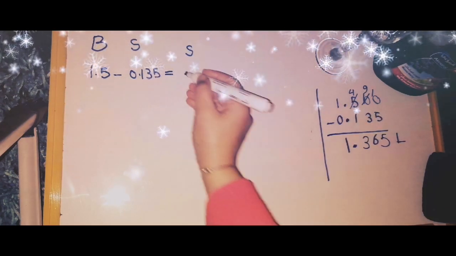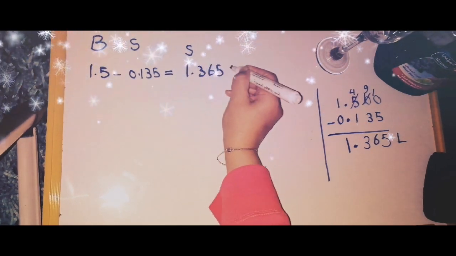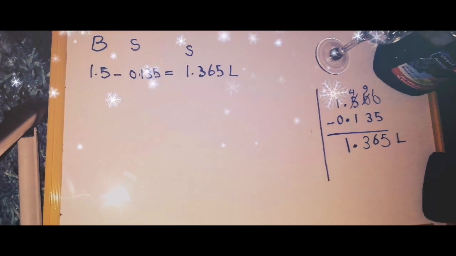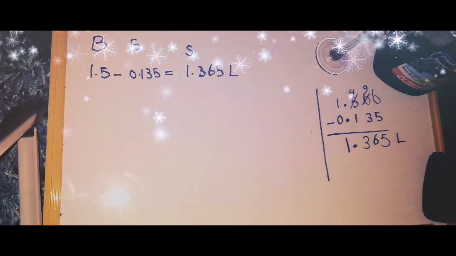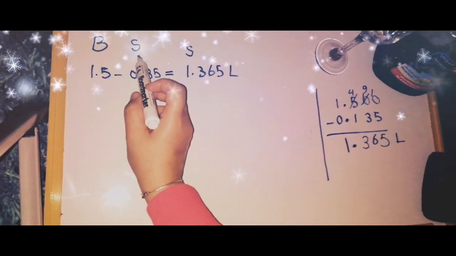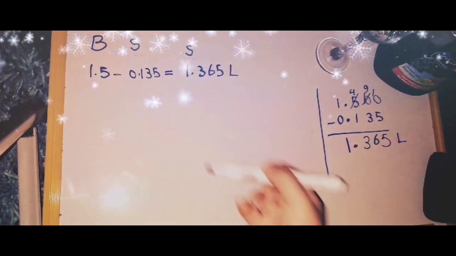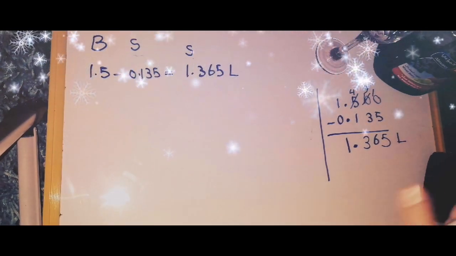Okay, so this is the amount I had already finished, 1.365 liters. Remember, I changed everything into liters. So now, as you can see, this was the biggest, and then I have a small one, and here I have a small one. If I changed the places, let's see.